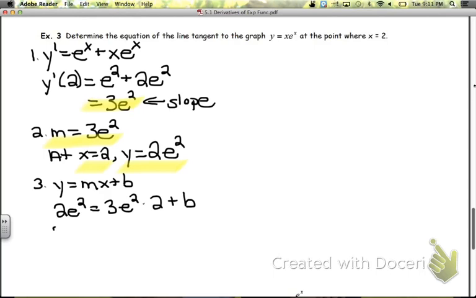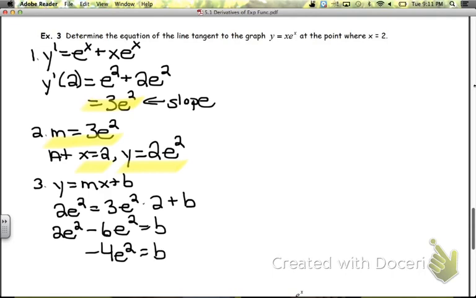So then we have 2e squared, so I'm going to skip one step here. 3 times 2 is 6, and when we bring it over to our left side, remember it becomes negative. So minus 6e squared is equal to b. So b therefore is equal to negative 4e squared.